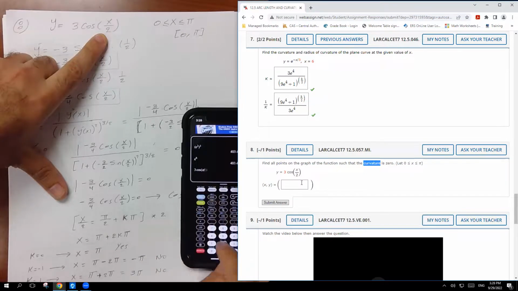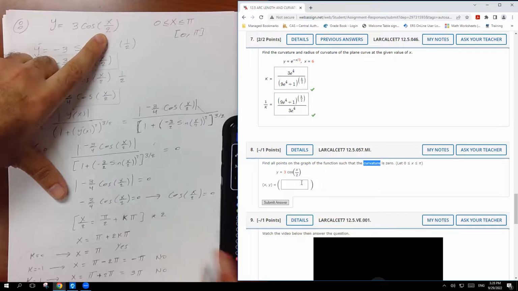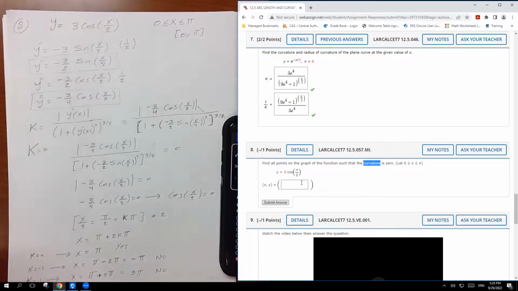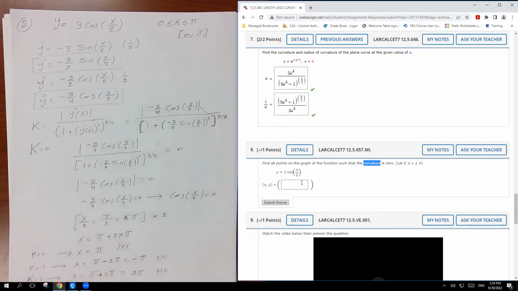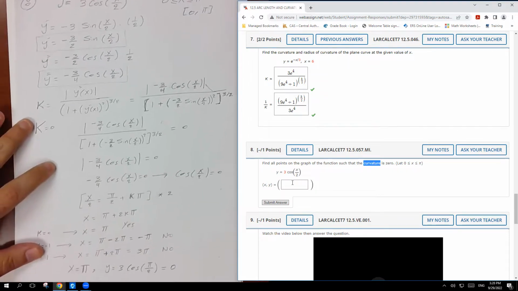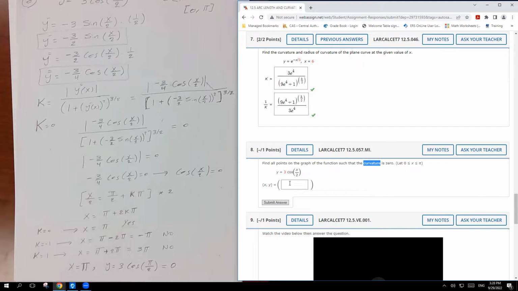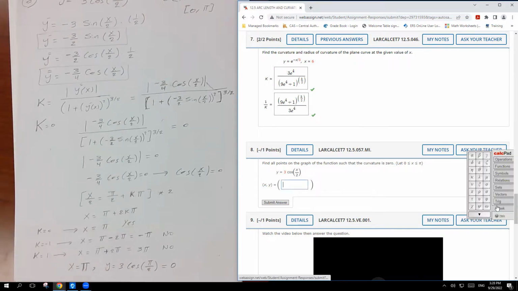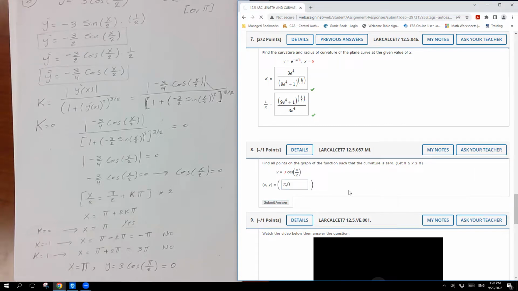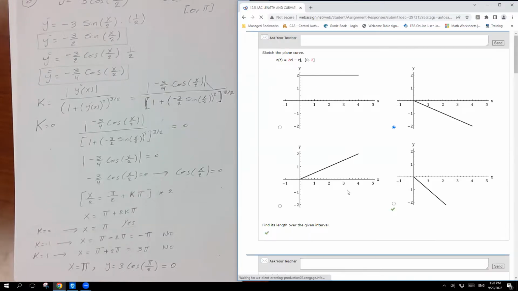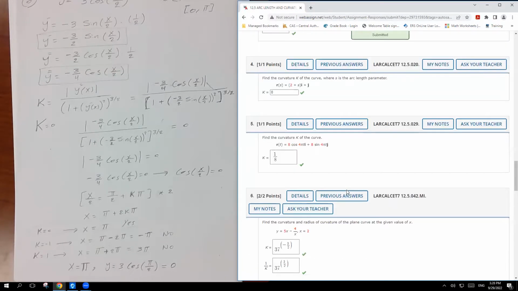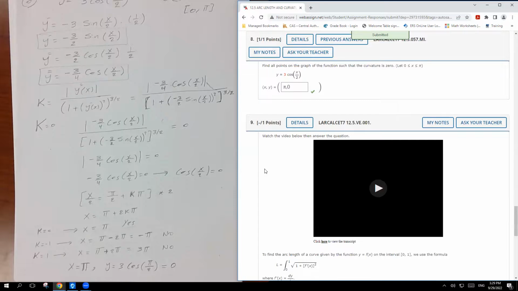Pi divided by 2, cosine of that is 0. That means x is pi, y is 0. So the point is pi comma 0. Here we go, that's it.